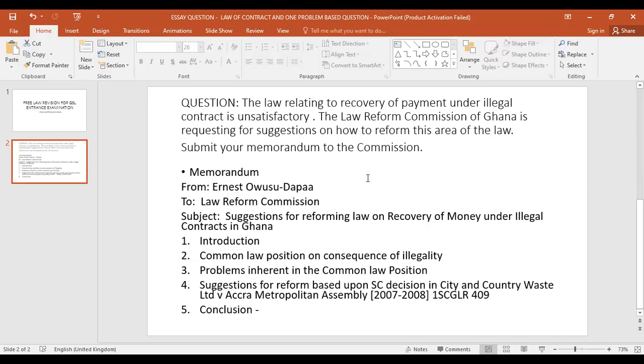And in any good essay, any good write-up, you need an introduction. That is the opening.